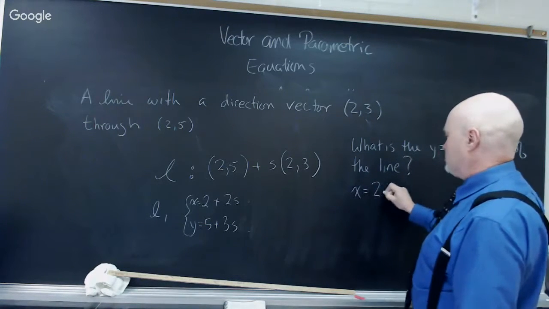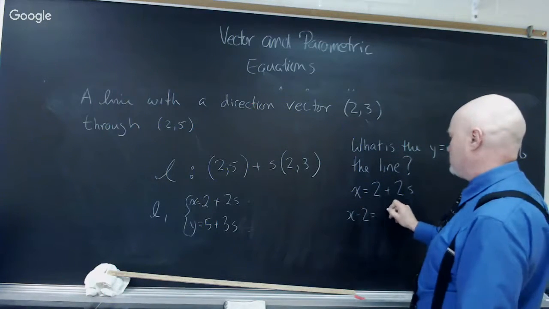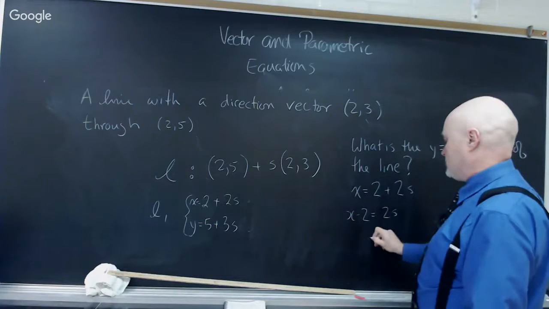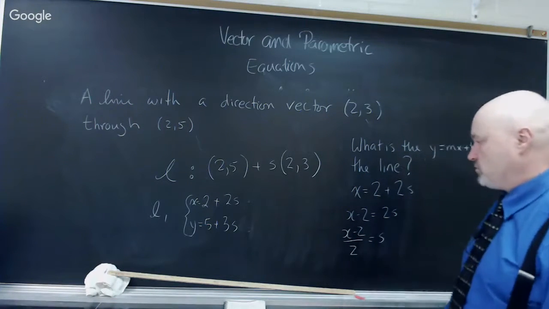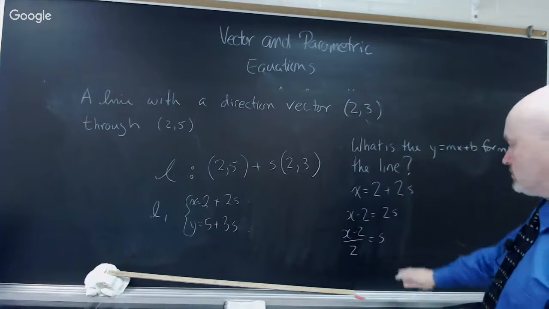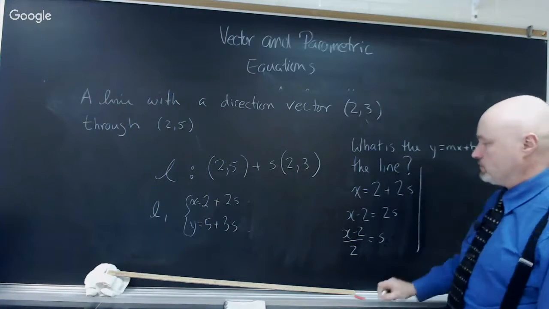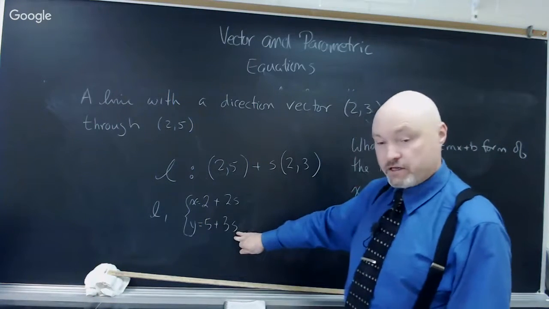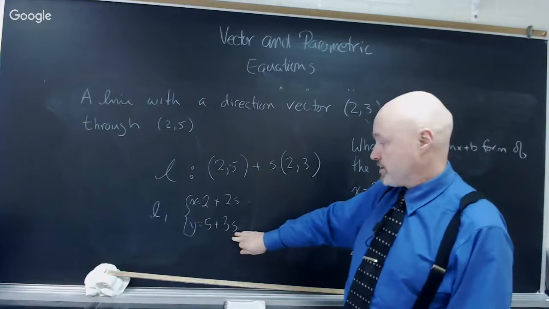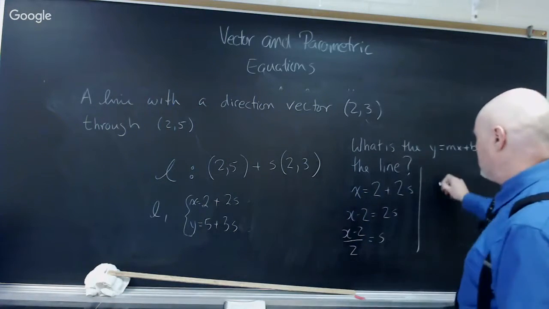So I know that x is equal to 2 plus 2s. And so x minus 2 is equal to 2s. And so s is equal to x minus 2 over 2. Okay, I've got a value for s here. And I have an equation that involves s over here, the parametric expression for the y variable.